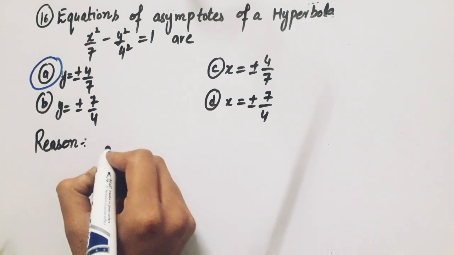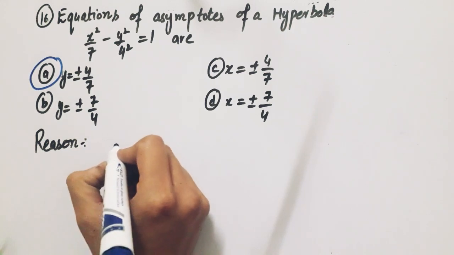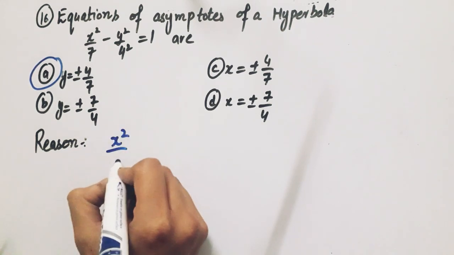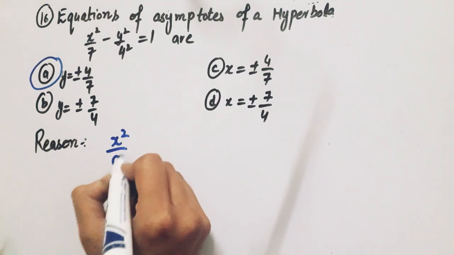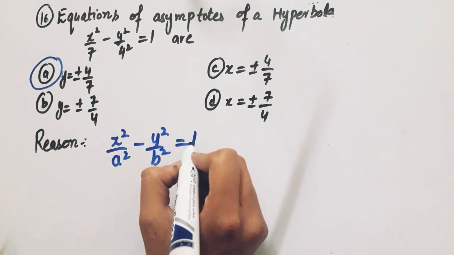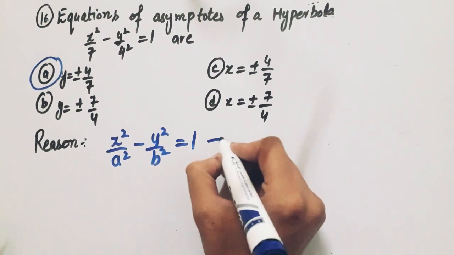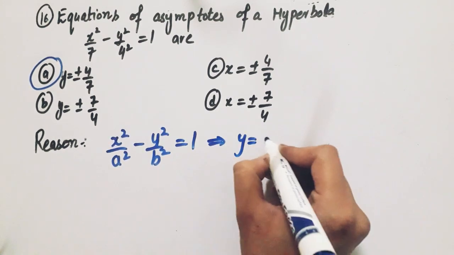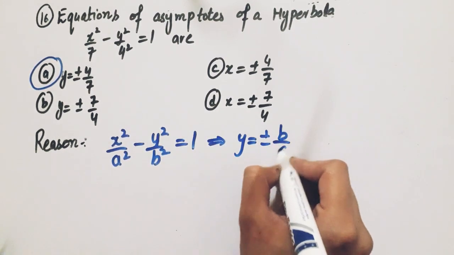Option A is right. The reason behind this is, for a hyperbola we have x square over a square minus y square over b square is equal to 1, and the asymptotes are y is equal to plus minus b over a.